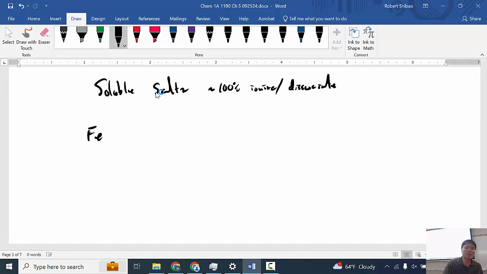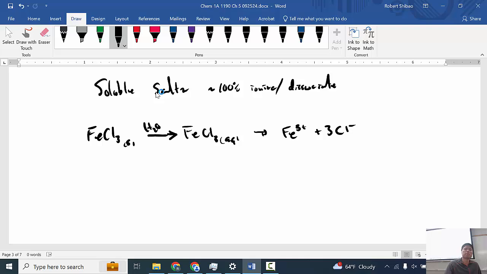So we might have a soluble salt like iron 3 chloride. It's a solid. And then we dissolve it in water. So we get iron 3 chloride (aq). And then we look at its electrolyte properties. What's going to happen is we expect this to ionize or break apart into iron 3 plus and 3 chlorides. Soluble salts are strong electrolytes.